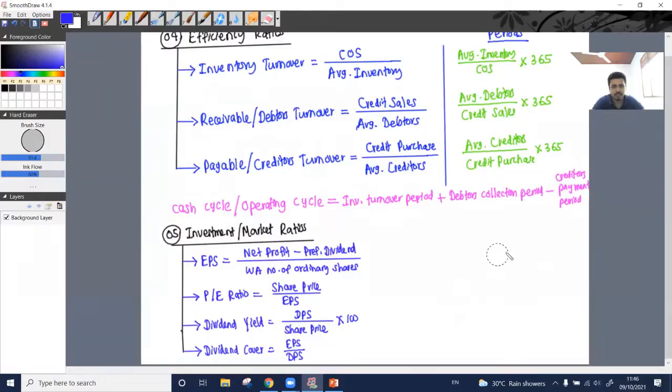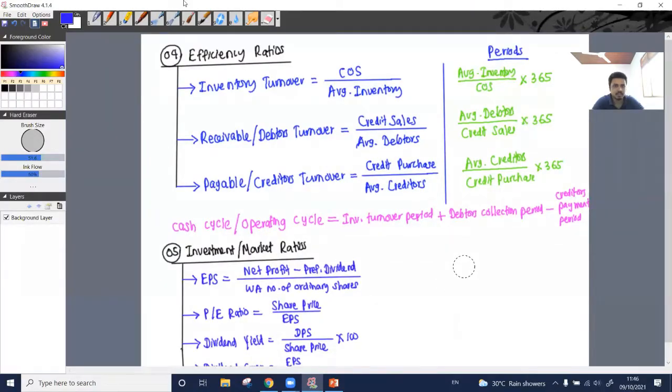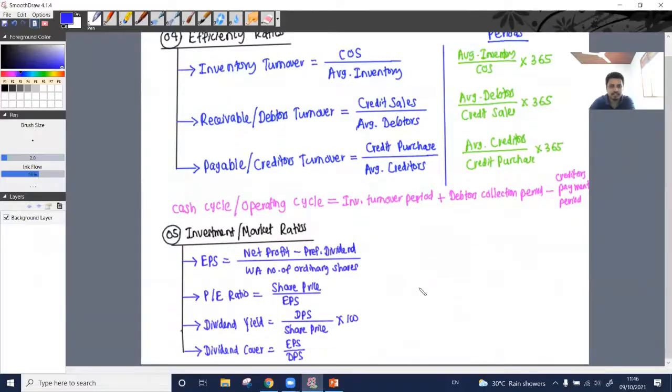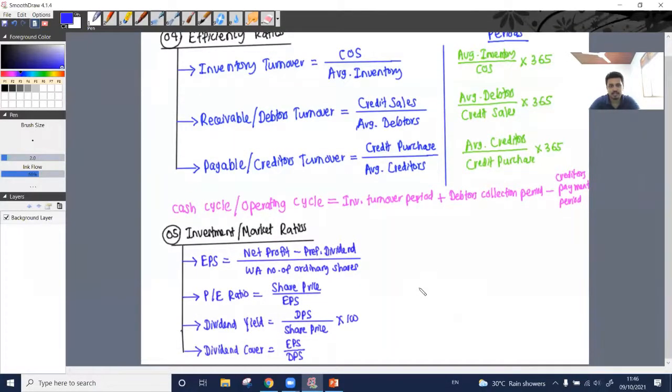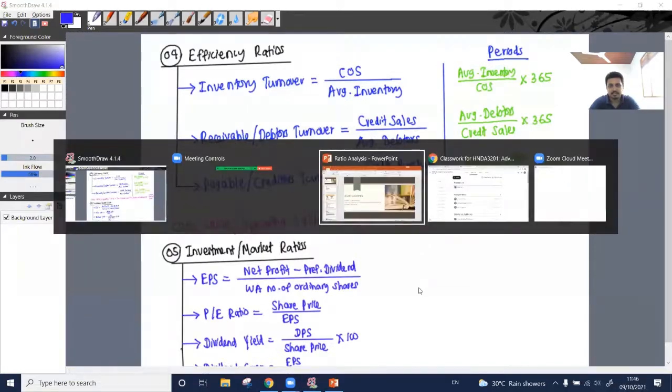We have discussed 5 main categories. What are those? Profitability ratios, solvency ratios, liquidity ratios, and efficiency ratios. And at last we discussed investment or market ratios.